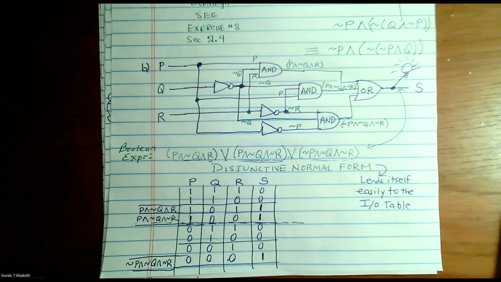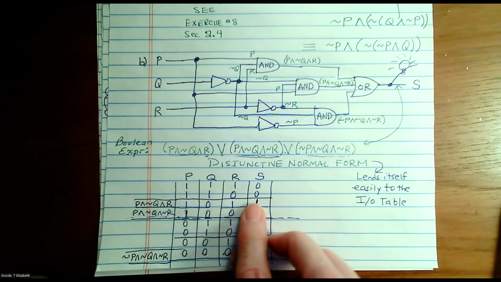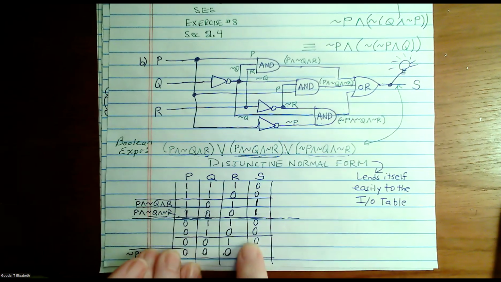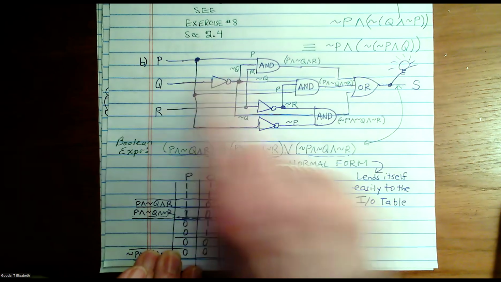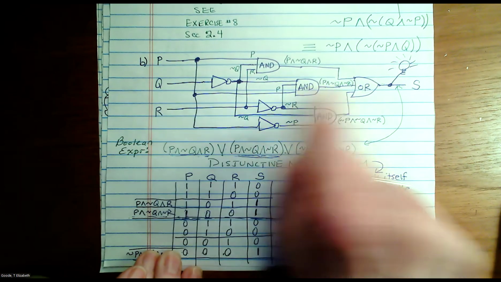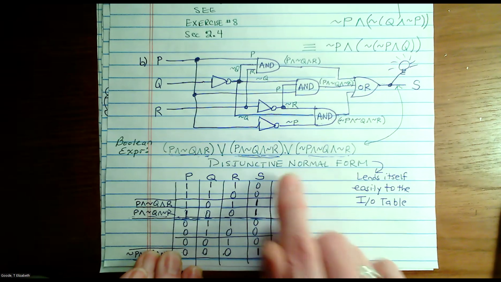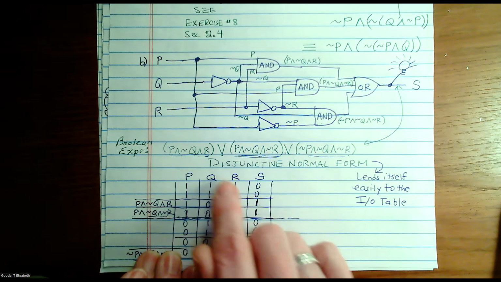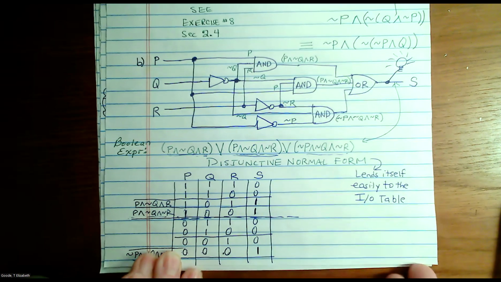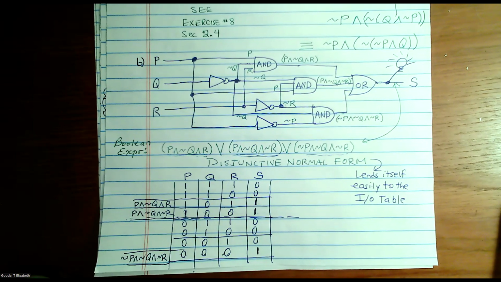And I have seen people build IO tables, like when I say build the IO table, and they don't want to run all the values through, and I've seen them build all of these columns as if it was a statement form to get S. And you know what? I let it slide because the bottom line is it's just a different way to attack that. We're really doing the same thing.